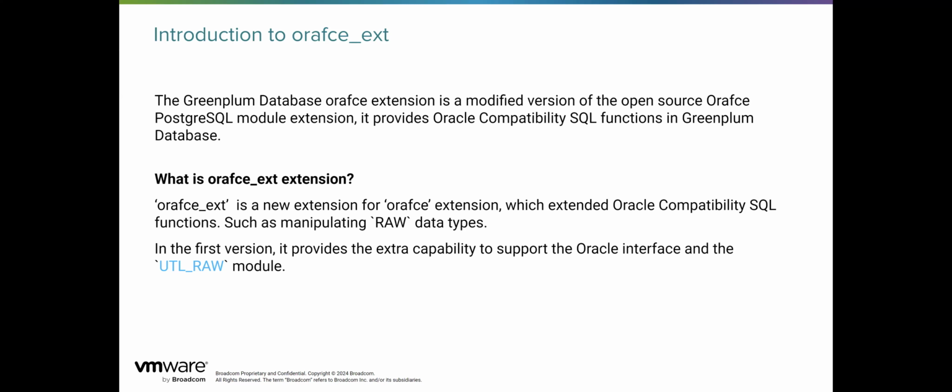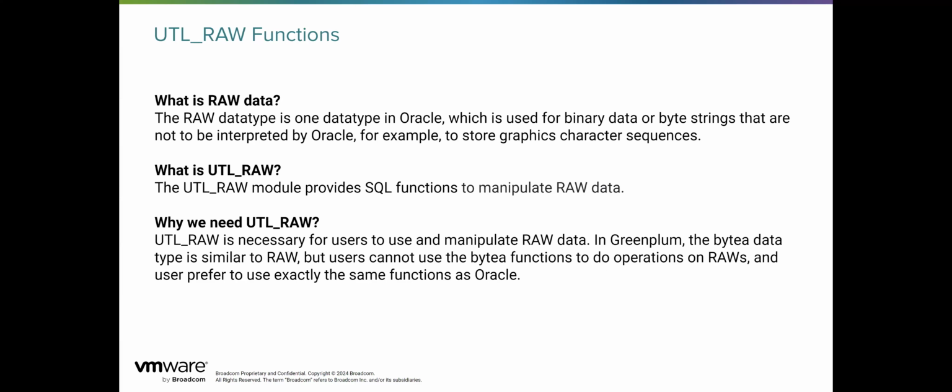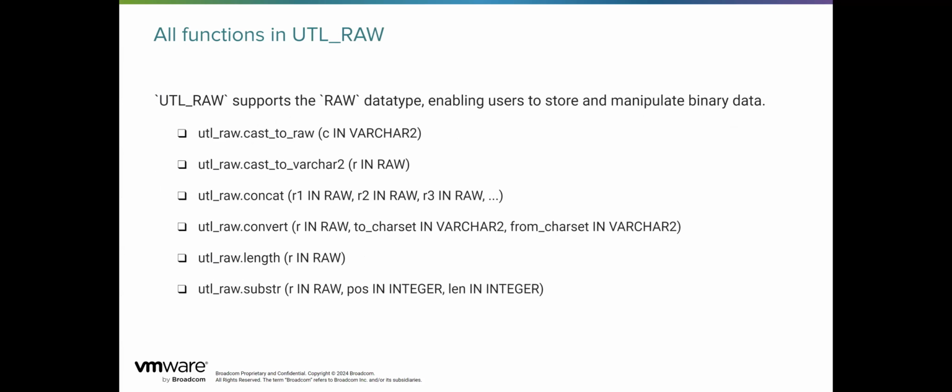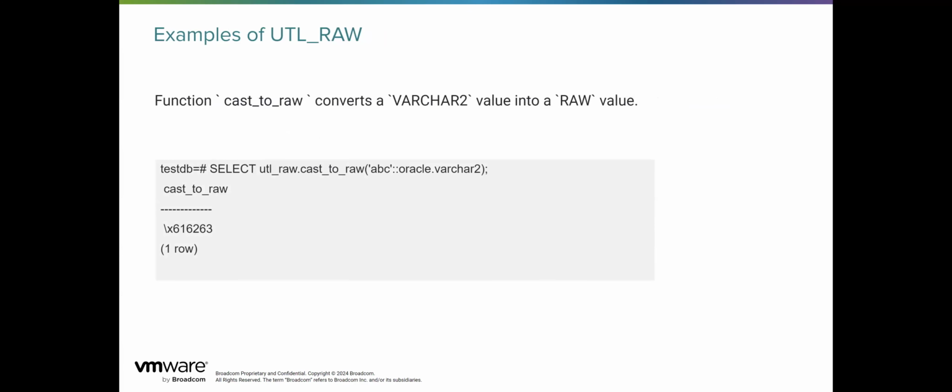It's a very low-level data type, kind of like a binary data type, and it helps avoid conversion errors with string types and stuff like that. So this UTL raw is a new Oracle compatibility function in our version of the Oracle compatibility library, which comes with Greenplum at 7.2. So you can cast to raw, cast to varchar, concatenate, things like that, and it allows you to port over from Oracle seamlessly with respect to this kind of data.